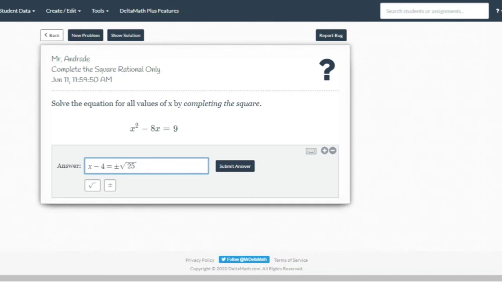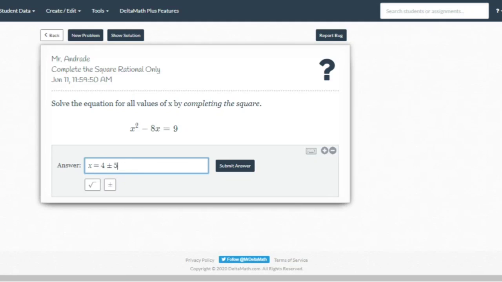So this is what the next line would look like. The square root of 25 is 5. So let's put that there. And then we just need to add 4 to both sides. So when we add 4 to both sides, we get 4 plus and minus 5, which actually gives us two answers. 4 plus 5 gives us 9, and 4 minus 5 gives us negative 1.